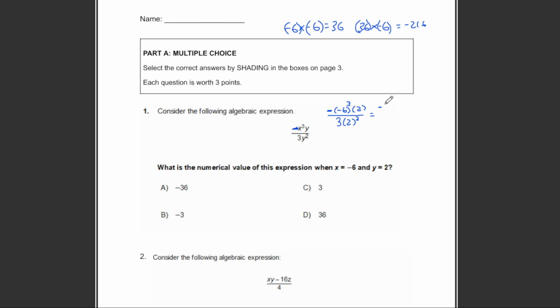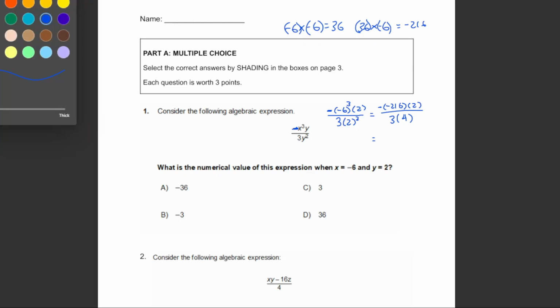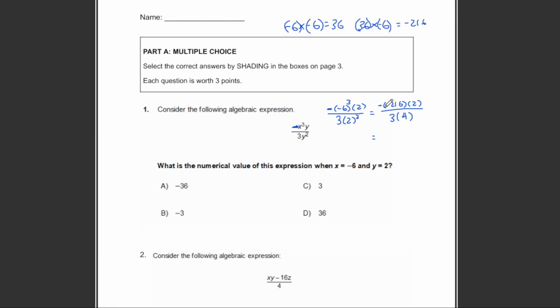So we've got -216 up top here, and a 2 over 3 times, and then 2 squared is going to be 4. Now what you'll notice is on top we've got 2 negatives, and they're being multiplied together, so that's going to cancel out. Let me change color real quick. These two negatives cancel out, gone.